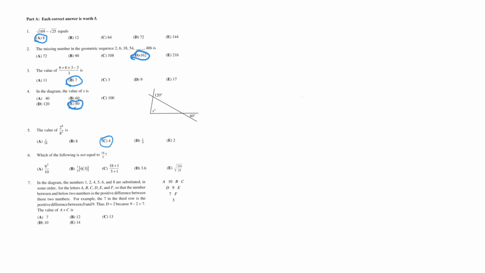Number 6, which of the following is not equal to 18 over 5? Answer A is 6 squared over 10. That's 36 over 10. Cancel the 2, that's 18 over 5. And B is 1 over 5 times 6 times 3.